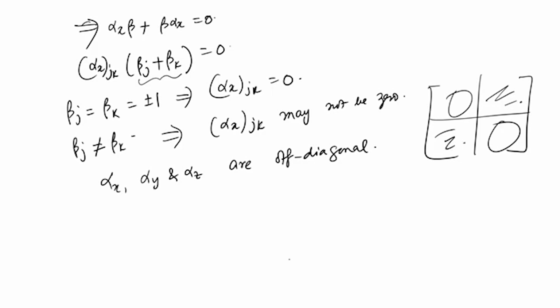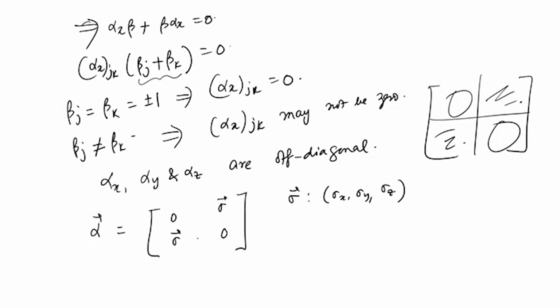Okay. And in fact, this alpha matrix can be written as, we will just show that, as 0 and sigma and sigma and 0, where sigma are the Pauli matrices. So, sigma x, sigma y and sigma z, and then automatically it tells you that it becomes a 4 by 4 matrix.